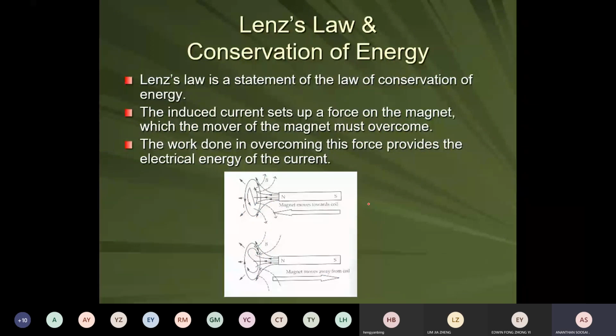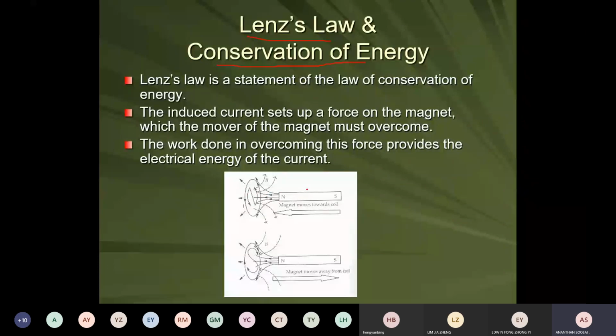Okay. Lenz's law is actually based on conservation of energy. The Lenz's law is a statement of the law of conservation of energy. Because when you move the magnet inside, the coil turns right. If the north pole is going in, the current will make a north pole here. It's going to oppose you, so you feel a repulsive force from the coil.